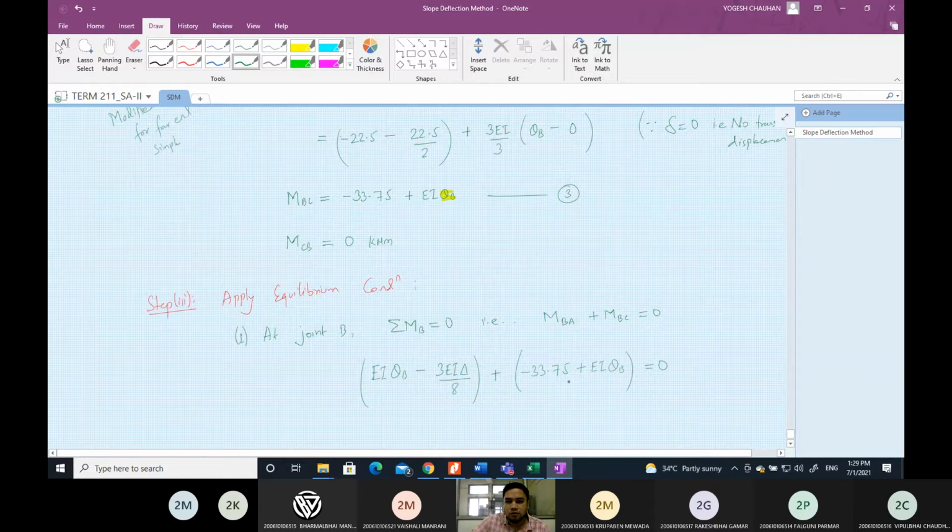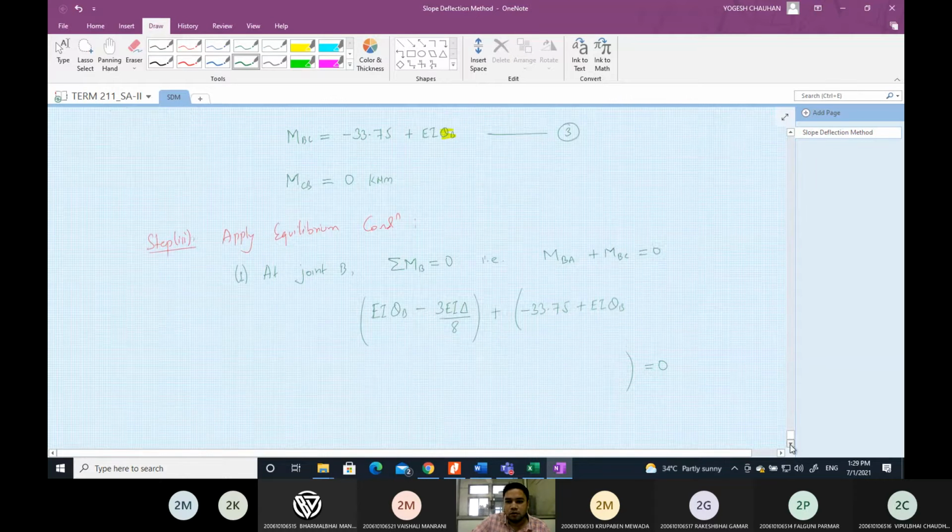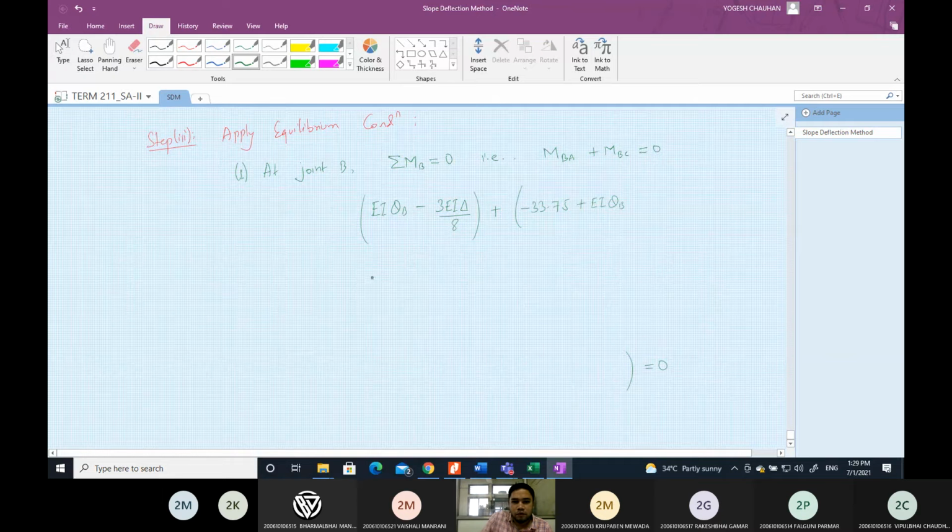So it will be equal to 2 EI theta B minus 3 EI delta by 8 equals 33.75. Mark this as number 4.